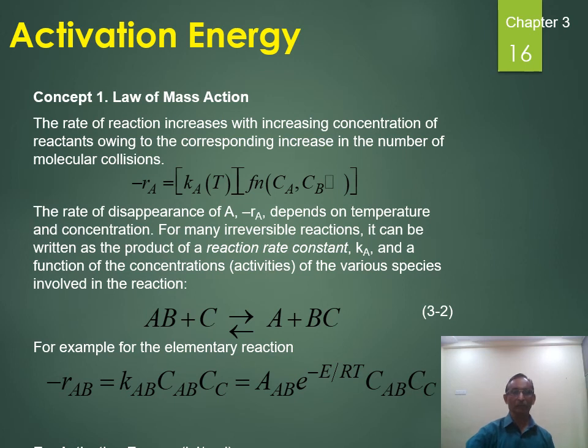Written this way, minus rA equals k times CA. Suppose you have A, B and C; then minus rAB equals k times... AB is one reactant, C is another reactant, so it depends on the concentration of AB and the concentration of C.